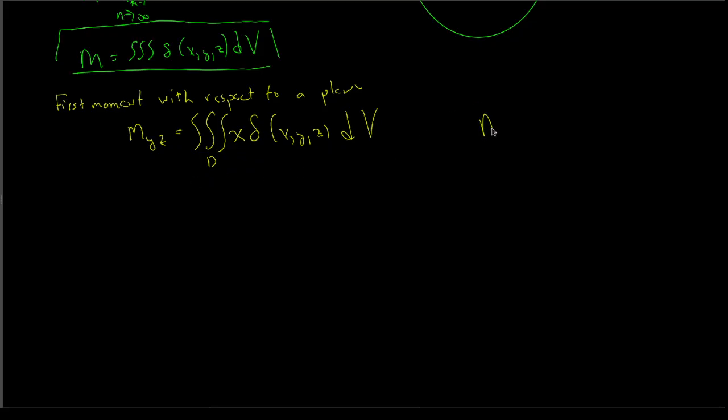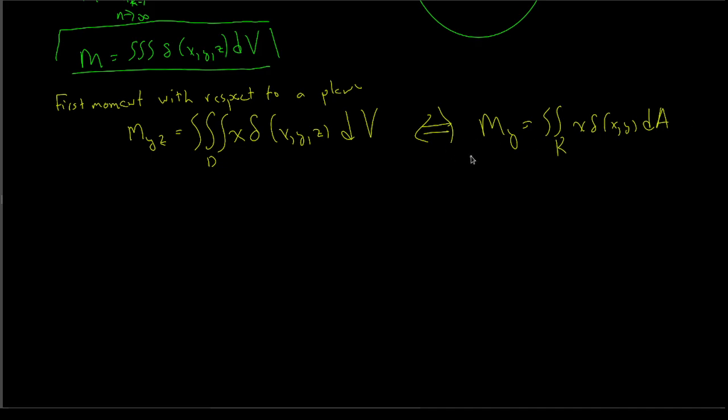And again, if we remember, back in Calc 2, we did the region for a two-dimensional object, and we did x times the density in xy times the change in area. And so there's a parallelism in the idea here in what we're looking for. This means we can get a collection of information about our object.